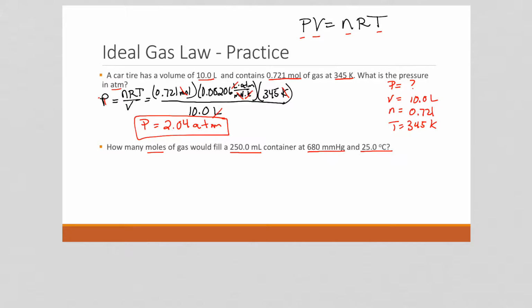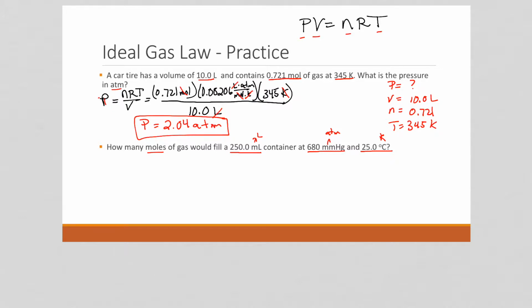My volume is in milliliters, but I need that to be in liters. My pressure is in millimeters of mercury. I need it to be in atmospheres. My temperature is in Celsius. I need it to be in Kelvin. So I have to convert these.